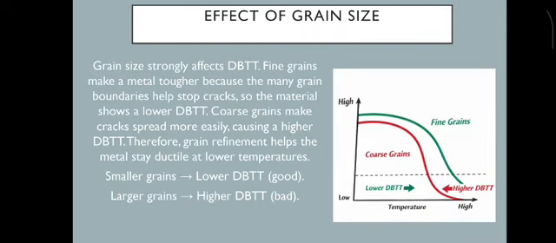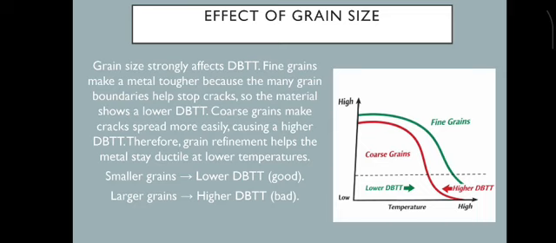And next, the effect of grain size. Grain size also strongly affects DBTT. Fine grains make a metal tougher because they have many grain boundaries, which helps to stop cracks. So the material shows a lower DBTT.